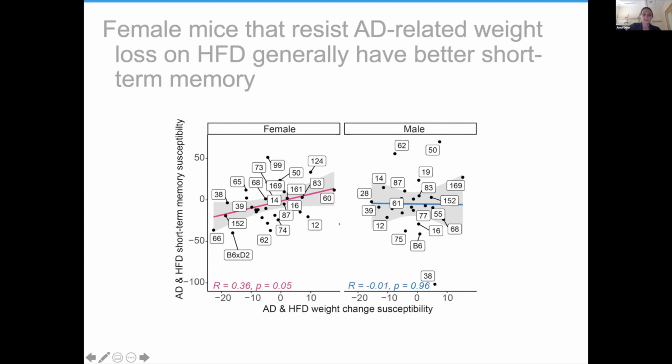And what I saw was a fairly modest relationship where the female mice that were better able to maintain their body weight while they were on a high-fat diet were the same females that were performing better cognitively. And I don't see that same relationship in males. So this seems to be probably a sex-specific benefit that we see some female strains experiencing in response to a high-fat diet.